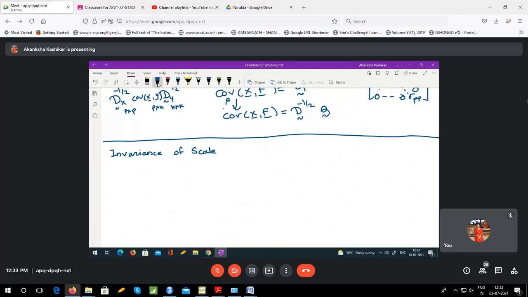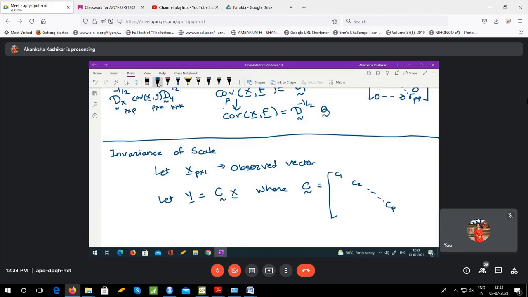Okay, so the same thing we are going to do here. Now, let x be my original observed vector, so these are my observed variables, and let y be a scaled version of x where C is again a diagonal matrix with entries C1, C2, up to Cp.